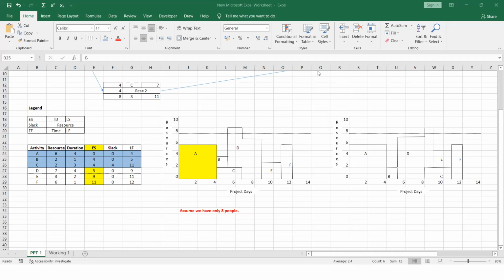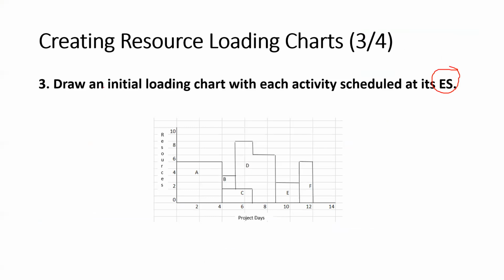Someone is asking why we cannot take C after B. So can you remember, according to this instruction given in the third step, draw an initial loading chart. You are now drawing the initial loading chart, right? With each activity scheduled at its early start time. We have to start with the early start time.